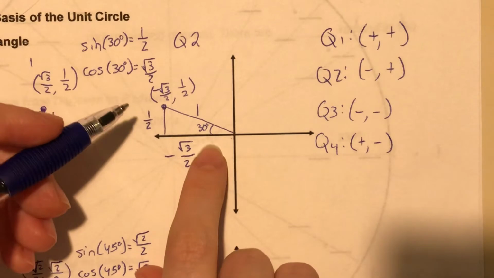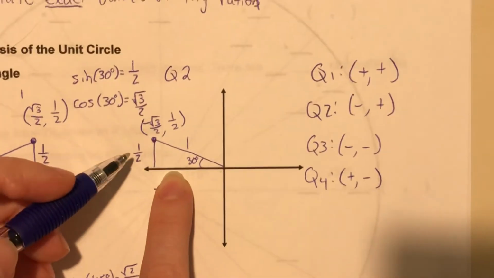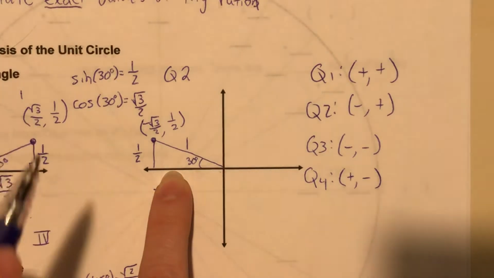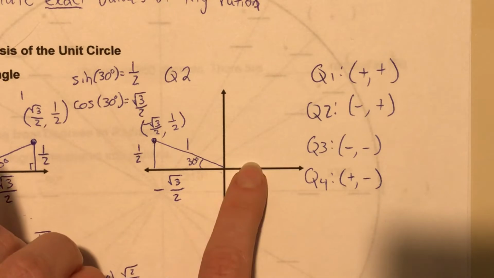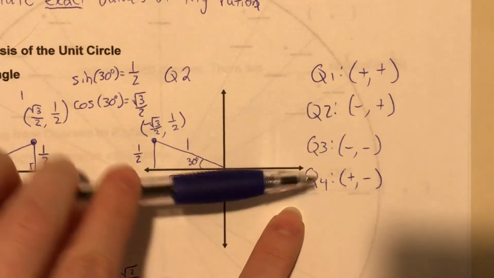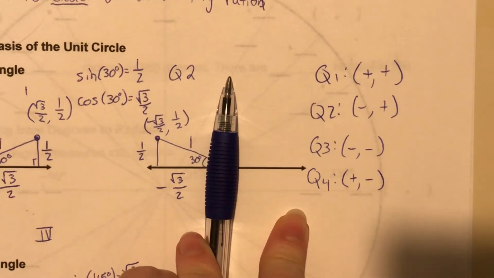So quadrant 2, it's a reference triangle that is 30 degrees from the horizontal in quadrant 2. But when we make our unit circle, we start our degree measurements from this line right here. This is 0 degrees. We're going to go up, up, up. Here's 90 degrees, straight up and down.